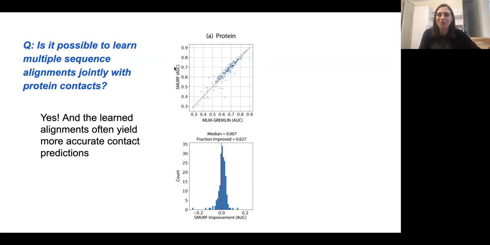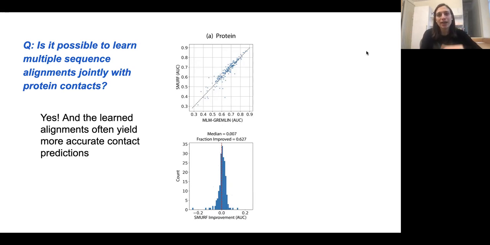In other words, we used our method SMURF. So any point above this dotted line means that we saw improvement. Again, it's a very mild improvement overall, but if we plot the histogram of this difference in the scores, we can see that to the right of the line means that we see some improvement.